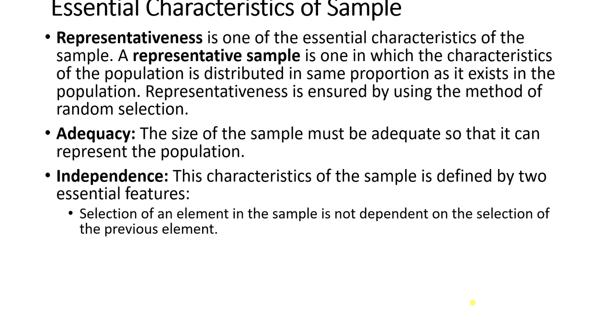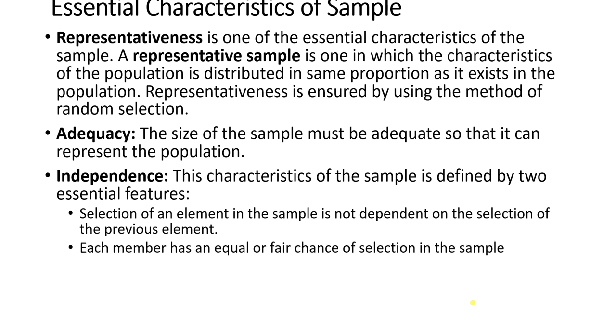If it is not the case, then it is very likely that we will not arrive at a representative sample. Similarly, if independence is there, then each member has an equal or fair chance of selection in the sample.